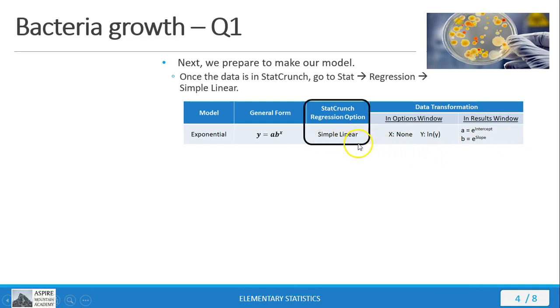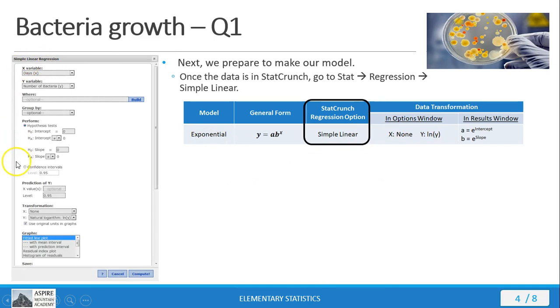So first we're going to make a simple linear model by going to Stat, Regression, Simple Linear. Now, we can actually transform the data in the options window to turn it into an exponential model. So here in the options window, notice the area down here for transformations.